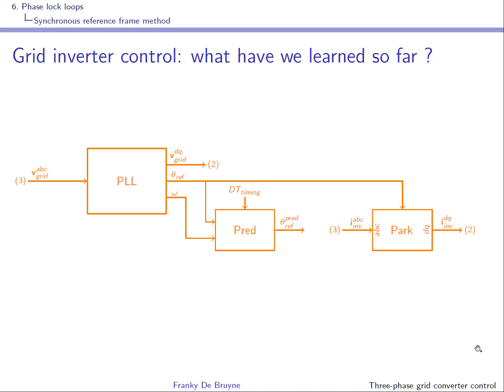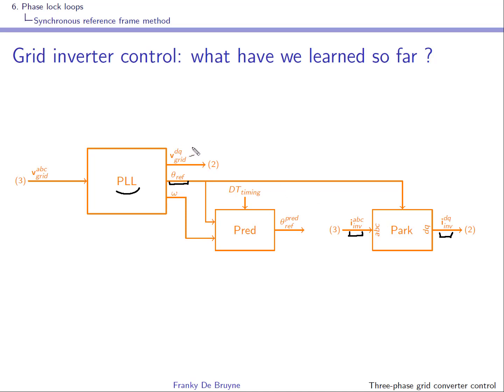So now that you have an estimation of your reference angle obtained by the PLL algorithm, you can take your other signals that are in the ABC framework, such as the inverter current, and transform it to the DQ format.